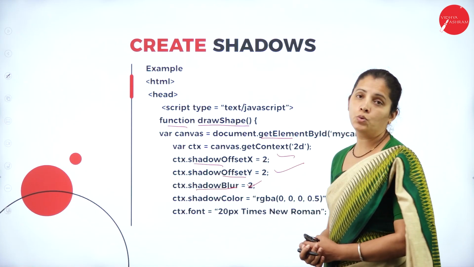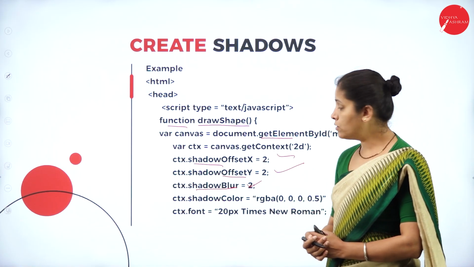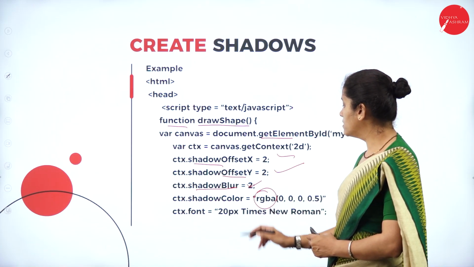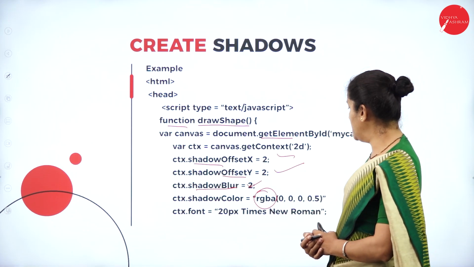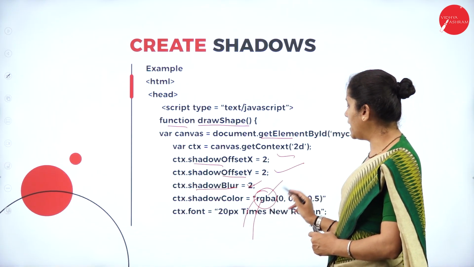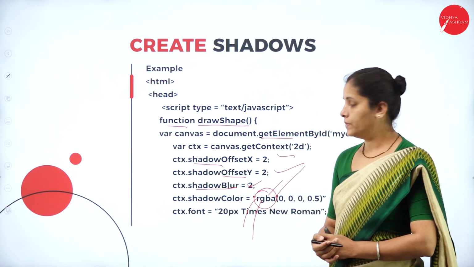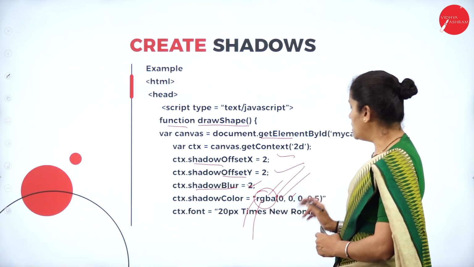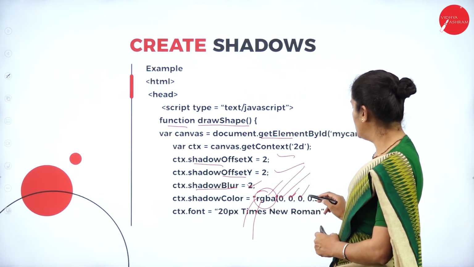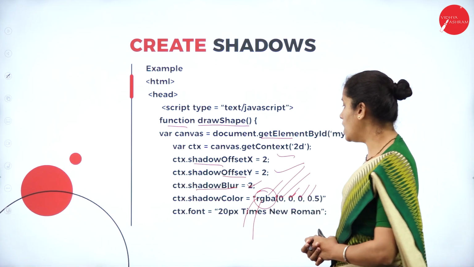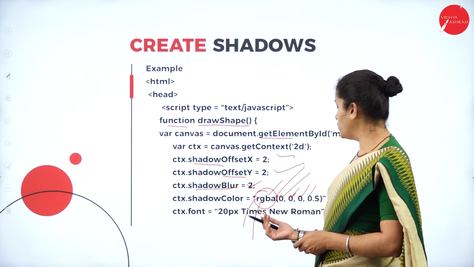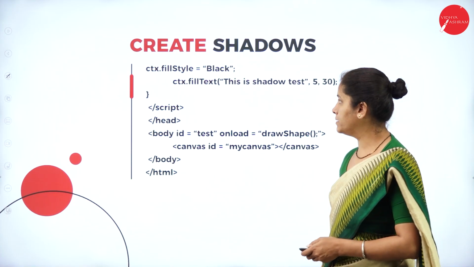Next, if I want to set the shadow color, that is shadowColor, I'm using RGBA, red, green, blue and alpha. I'm going to pass the value. Suppose you want to include a font, you can include the font.